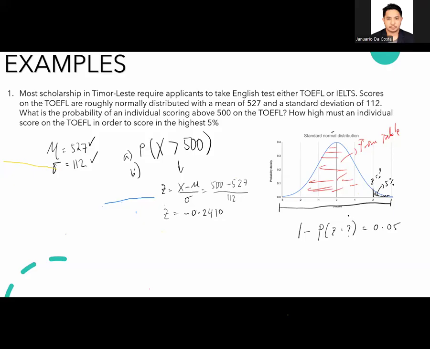You understand that, right? So the probability of Z less than that value is simply 1 minus 0.05, which is 0.95. So what is the Z value corresponding to 0.95?